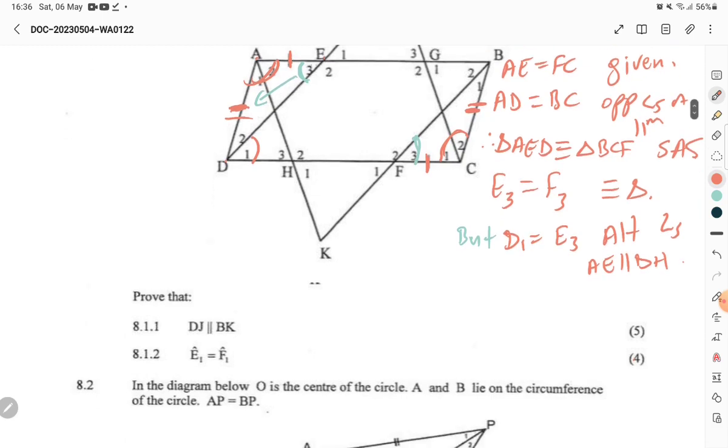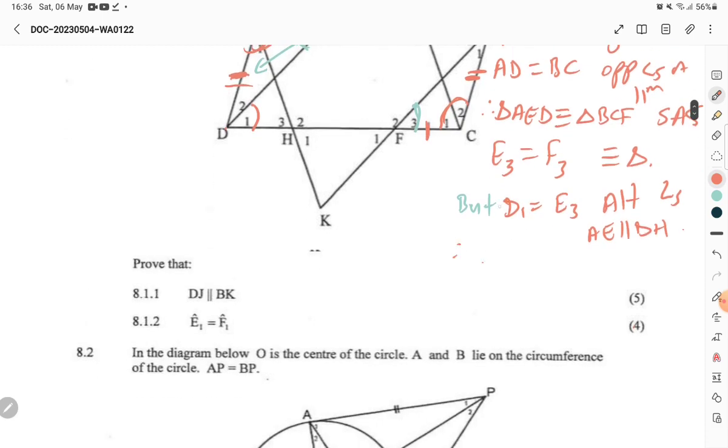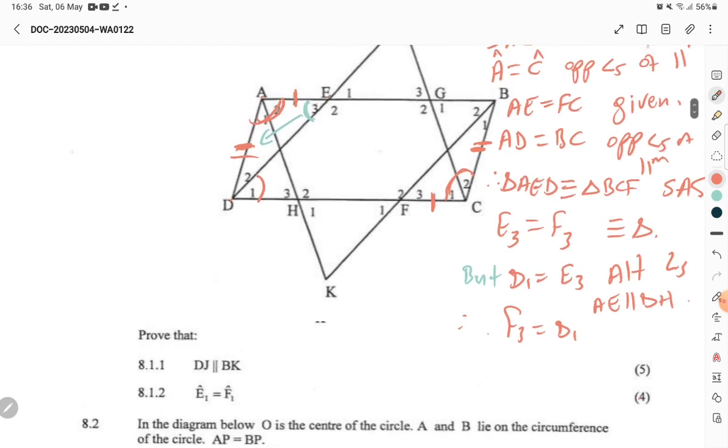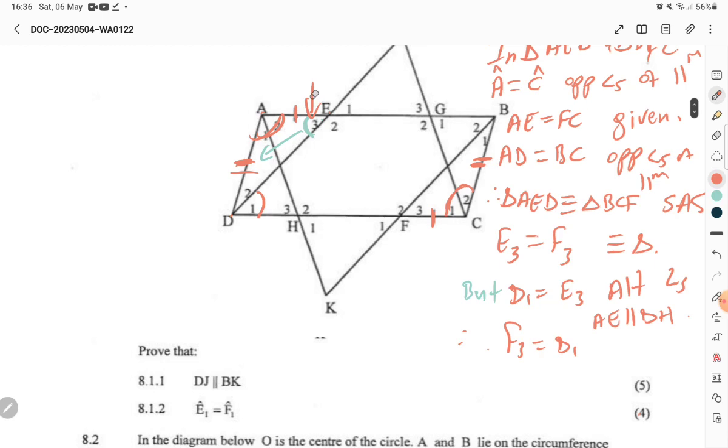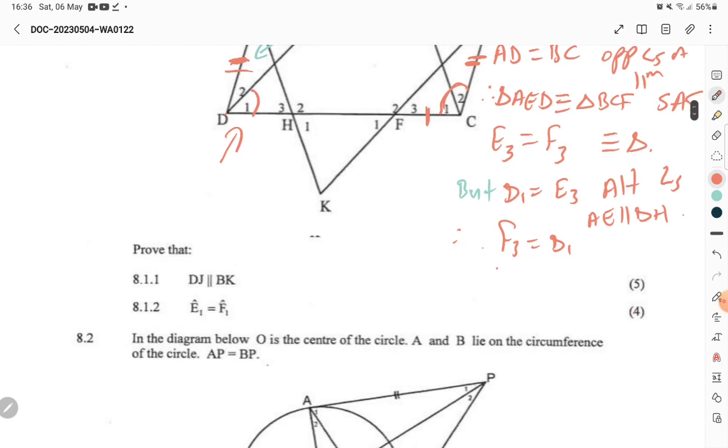So if F3 is equal to E3 and D1 is equal to E3 because of alternate angles, then therefore D1 is equal to F3, and they are both equal to E3.